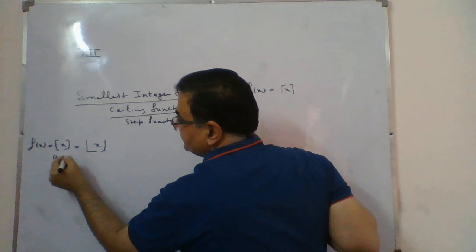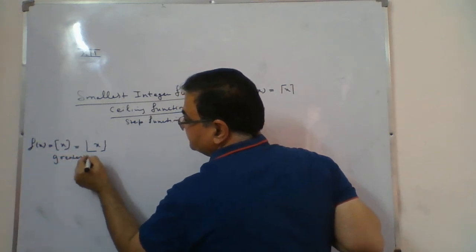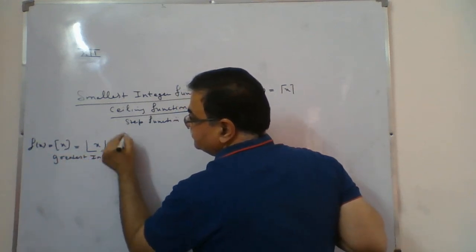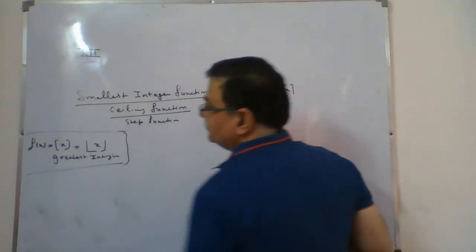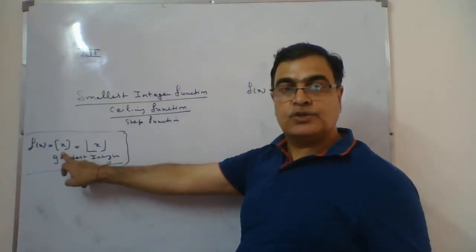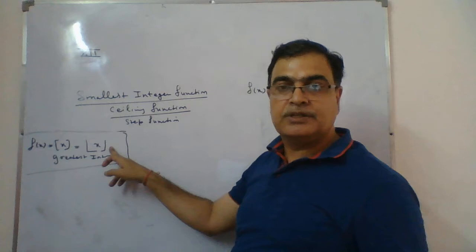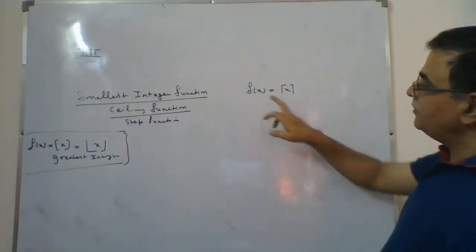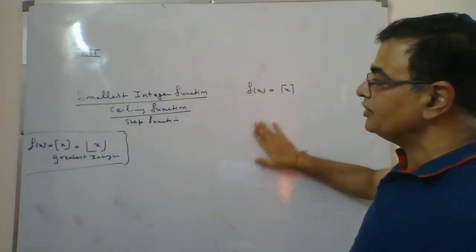This was the greatest integer function. In the previous lecture, I told you this was the symbol, but in some books they give the symbol this way also. Now we are concerned about the smallest integer function.